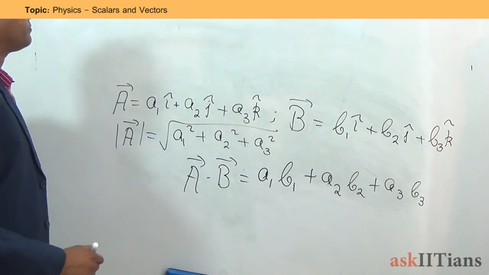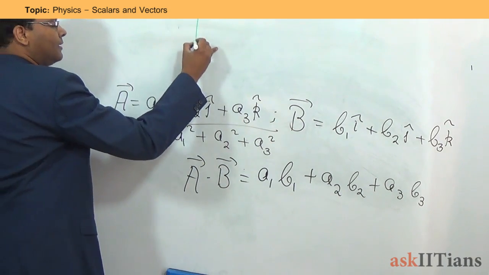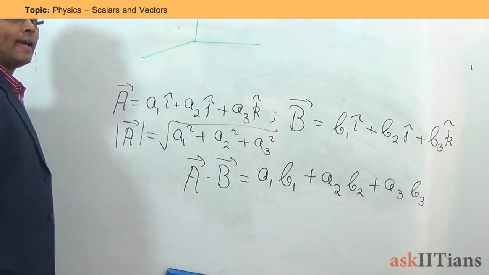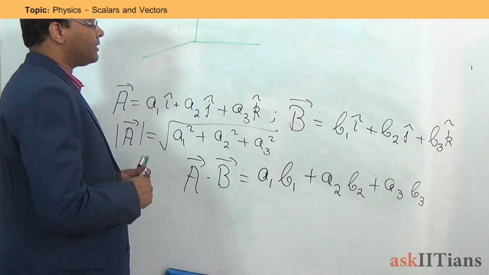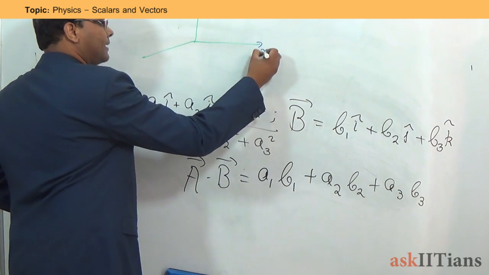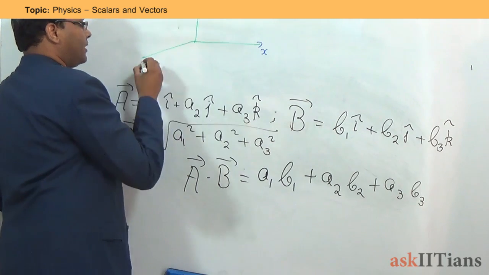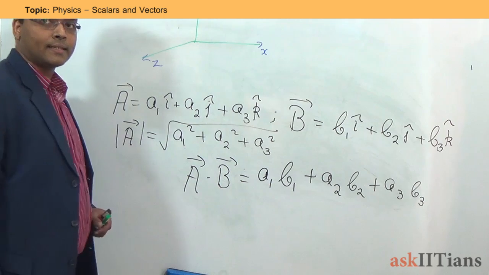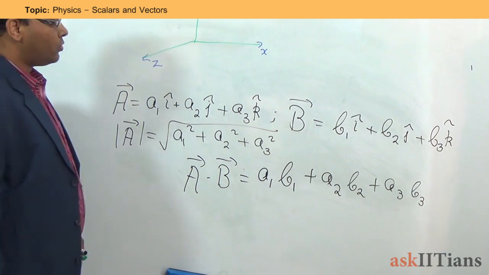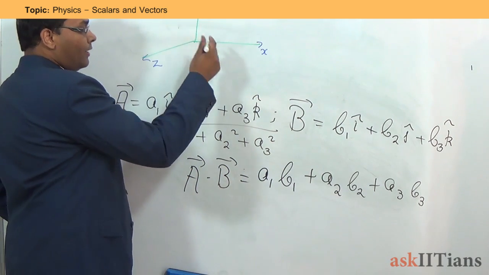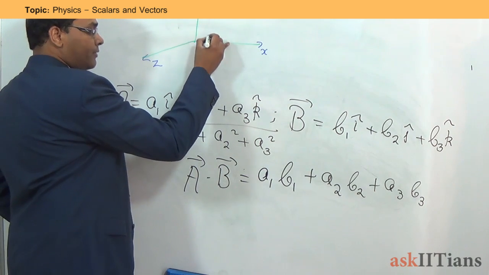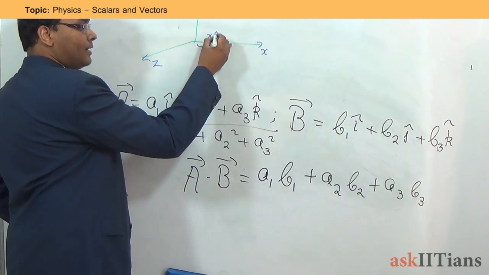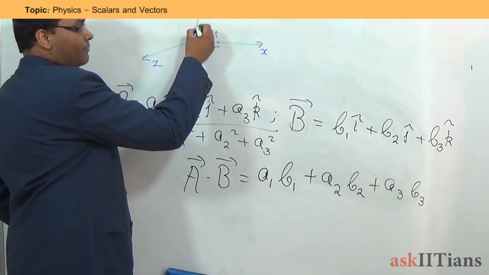Let me explain. Say these are my axes, three different axes. This is my x-axis, this is my y-axis, this is my z-axis. If I take any vector here, say x I, it can be a unit vector as well.